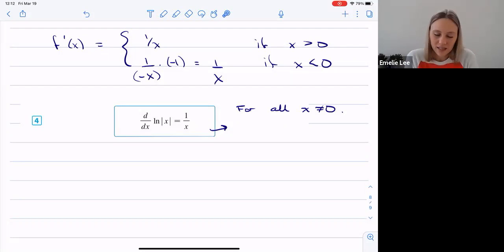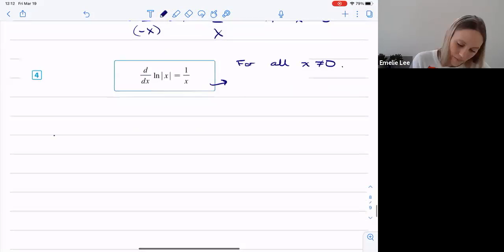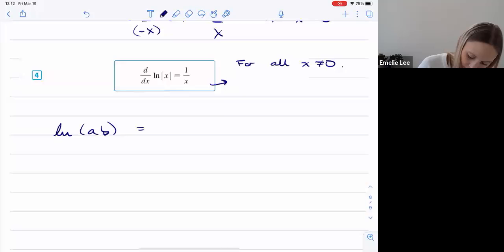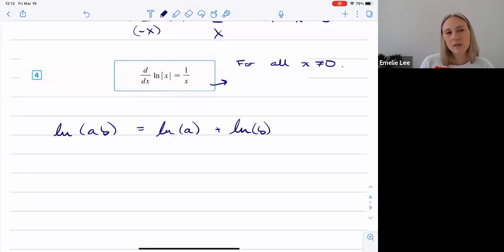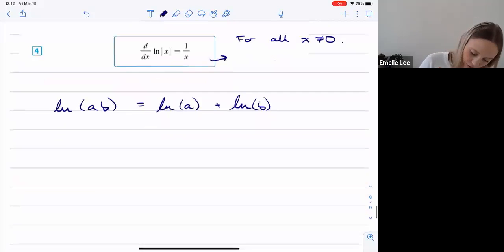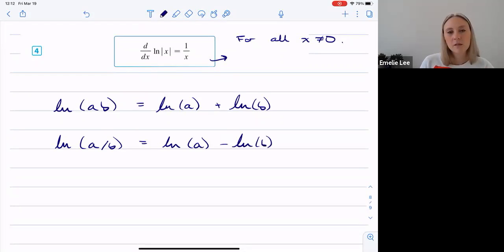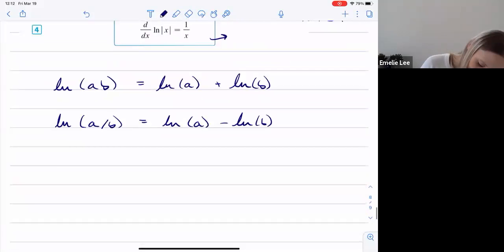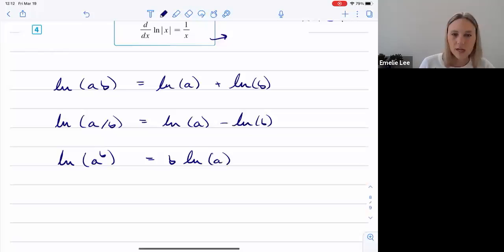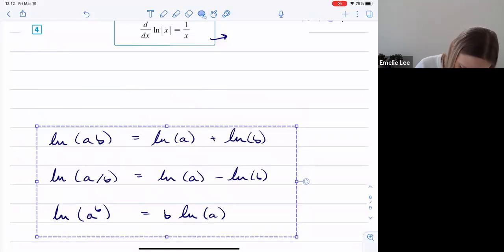Things like the log of AB, I can rewrite as the log of A plus the log of B. Also, the log of A over B is the log of A minus the log of B. And especially the log of A to the power of B is the same as B times the log of A.